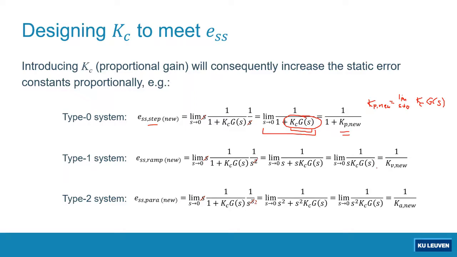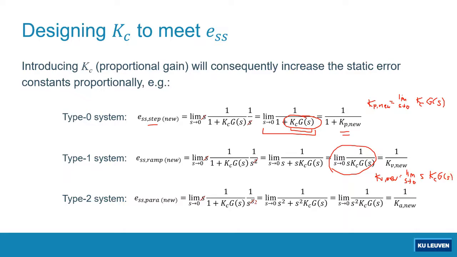Similarly, for a type 1 system, this will be my new steady state error because of ramp input, and my new Kv now is equal to limit s to 0 of s times the open loop transfer function, now Kc times G(s).